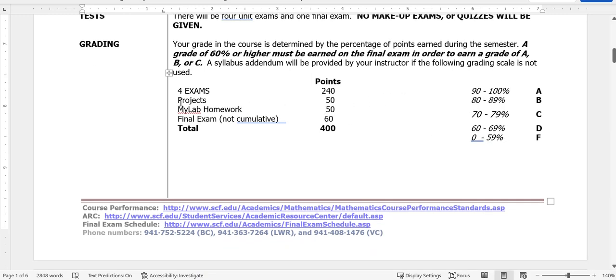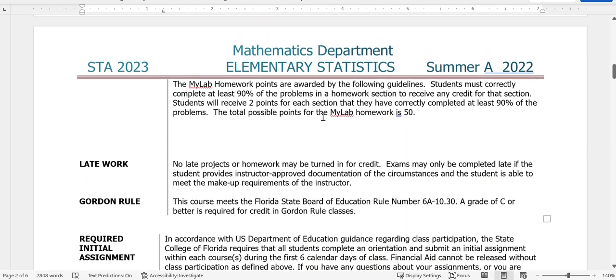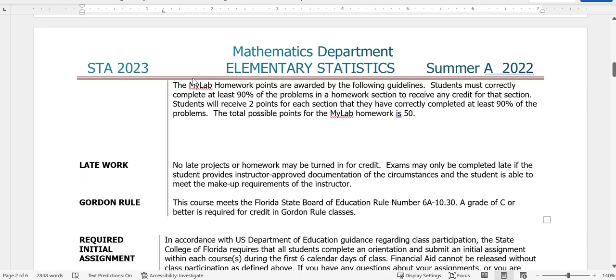So again, projects, homework, and exams make up your grade for the course. Now, the MyLab homework, I get questions on this all the time, and I don't know if people don't read the syllabus or they don't understand it. But the MyLab homework points are awarded as follows.